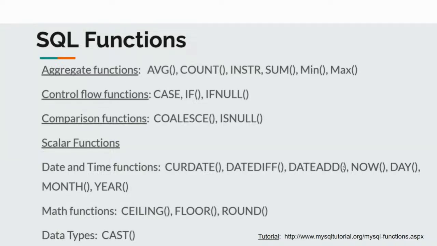Date add is where you can take the current date minus 10 days, or you can get the date and the time of right now. You can see how that works. And there are quite a few more than this. There's a great list at mysqltutorial.org, SQL functions.